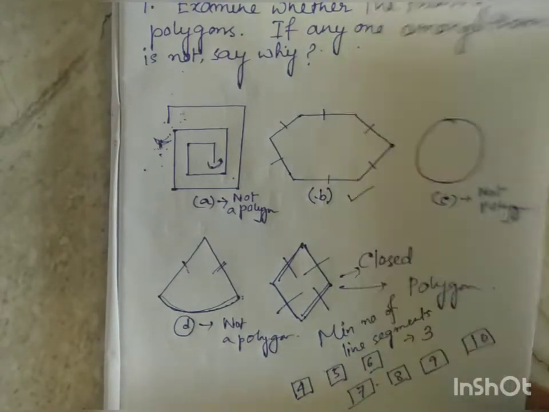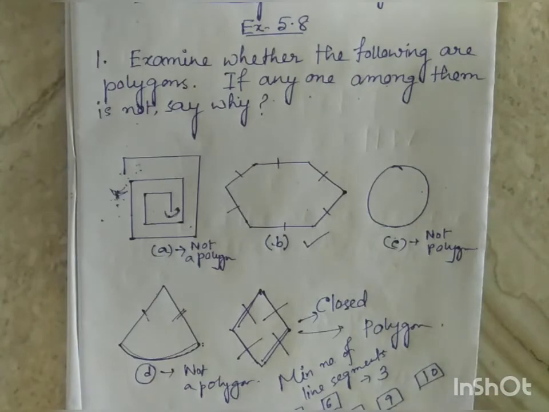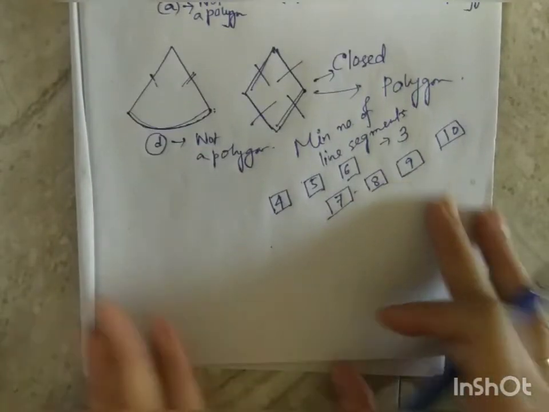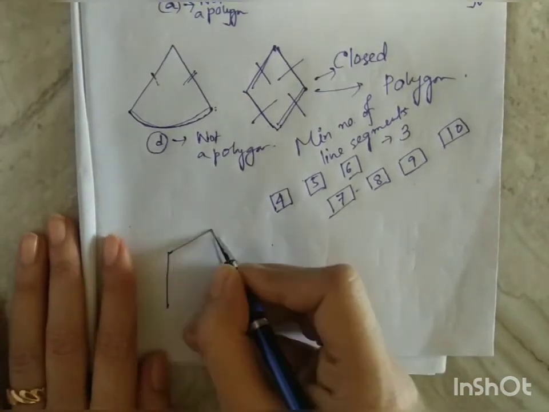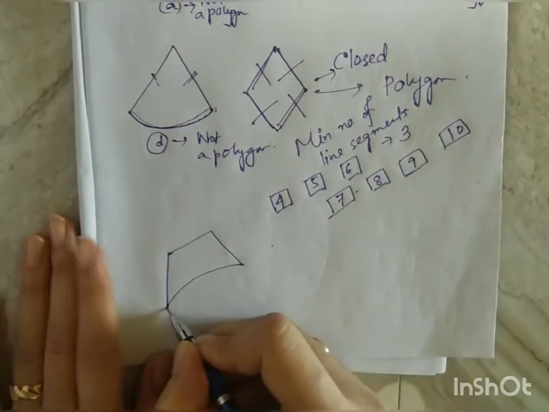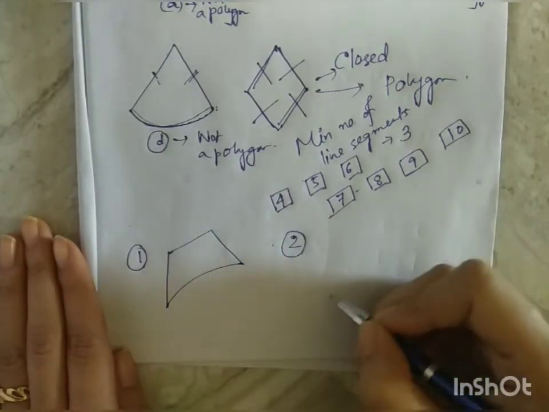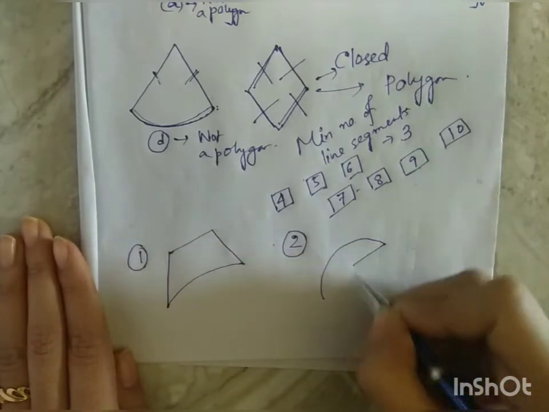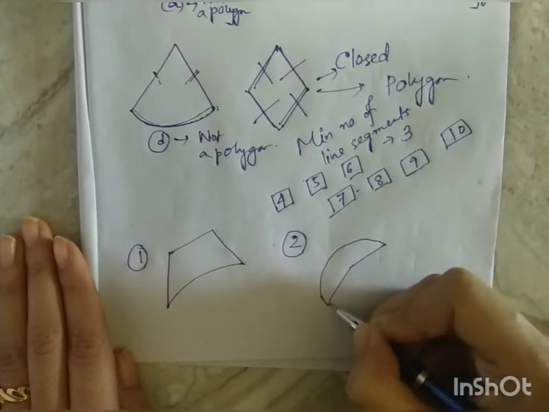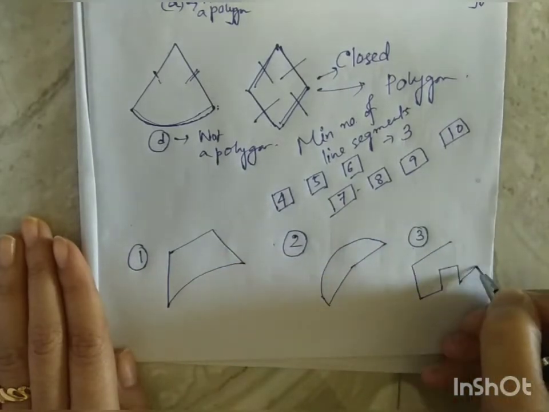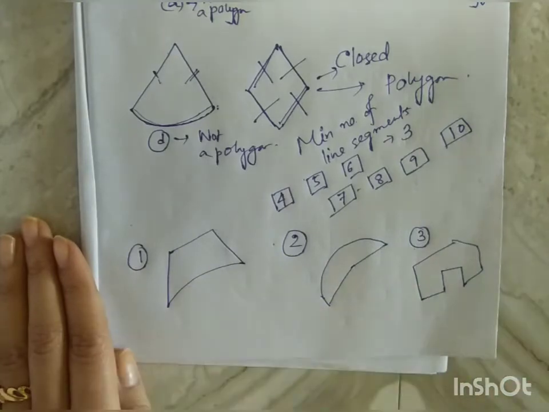In this way, by knowing the definition properly, we will be able to say whether whatever shapes are given to us are polygons or not. Now I am giving 2 or 3 shapes to you all. You will say whether each is a polygon or not. This is question number 1, this is question number 2, this is question number 3.